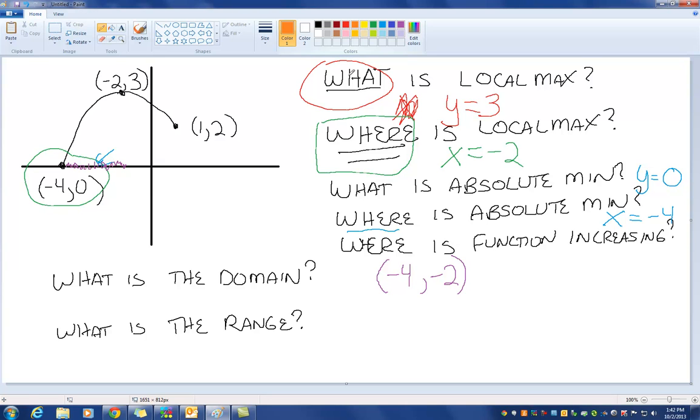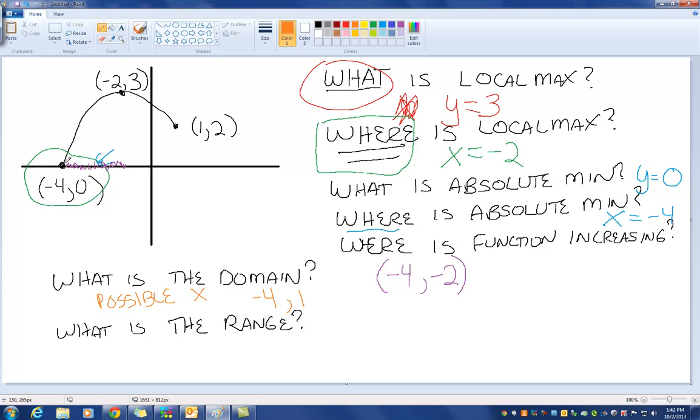All right. So the next thing we're asked is, what are the domain and range? And so domain, whenever you're looking for domain, that means possible x values, possible inputs. And so we look, what are the possible inputs? Well, they're everything pretty much between -4 and +1. Do they include -4?